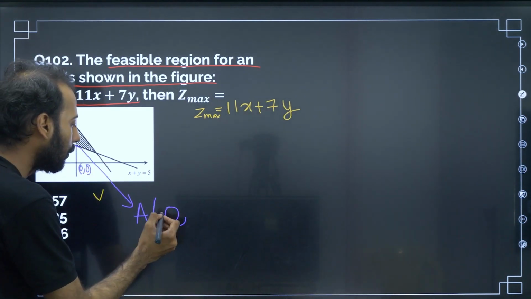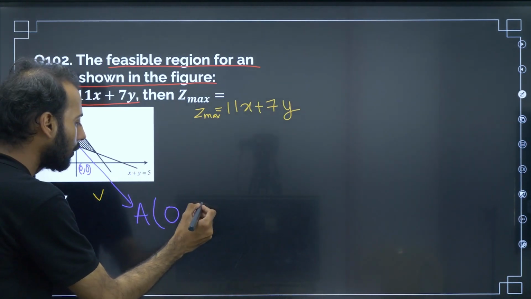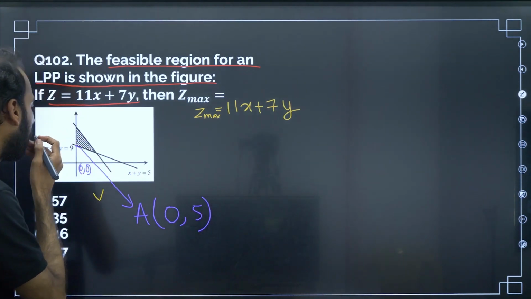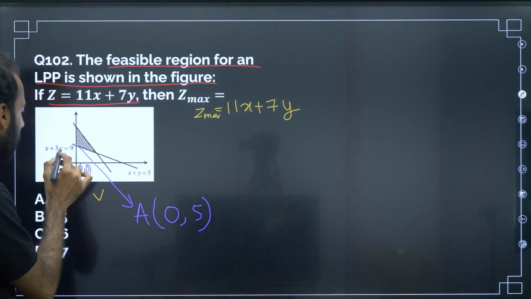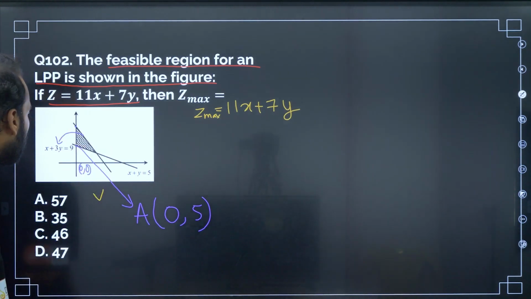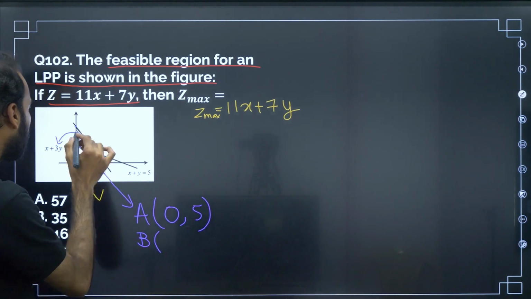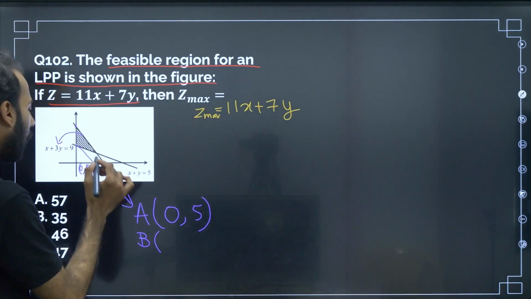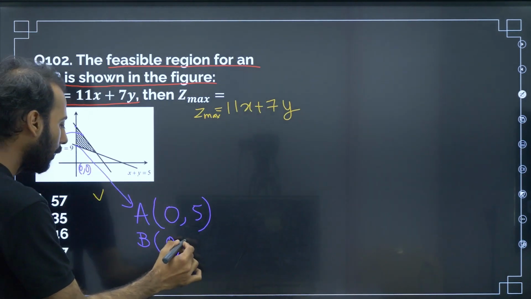When you substitute x as 0, y is equal to 5, so A is equal to 0, 5. Next corner point is this. This line has this equation. Here again, if I name this point as B, obviously x is 0. When I substitute x as 0 here, y will be 3.